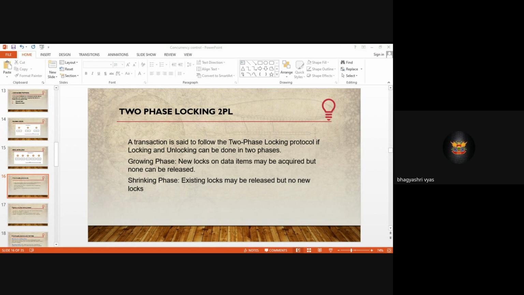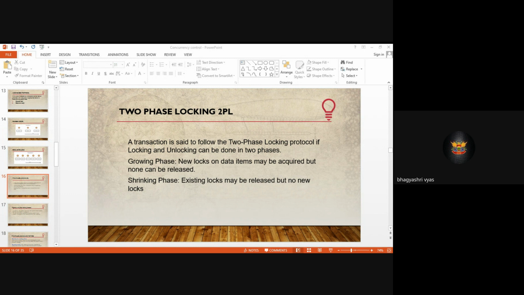So basically, in growing phase, a transaction may obtain locks but may not release any lock, right? And in shrinking phase, a transaction may release locks but not obtain any new locks.